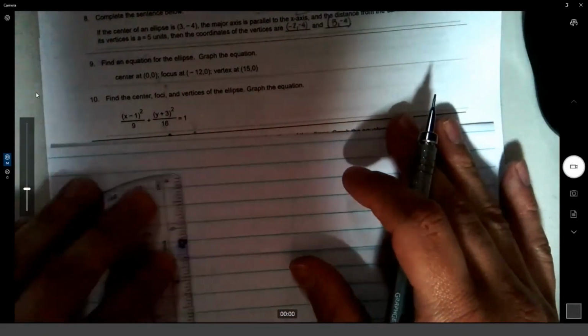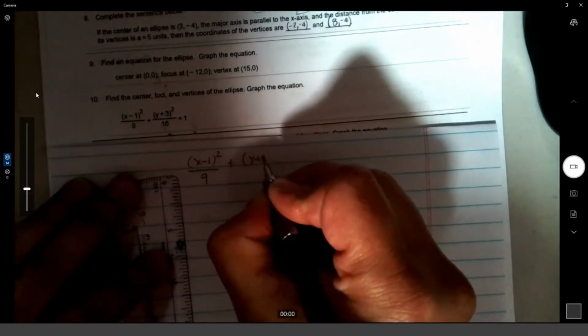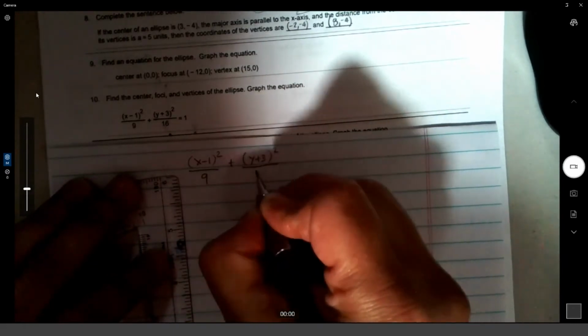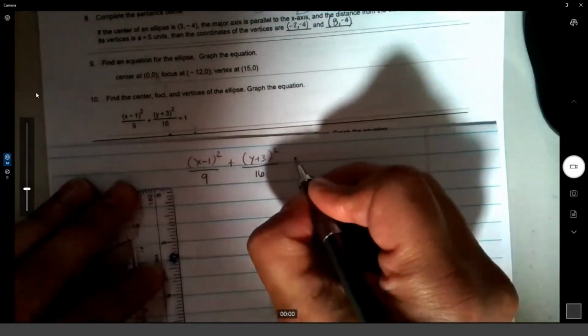So number 10, we have the following ellipse: (x minus 1) squared over 9 plus (y plus 3) squared over 16.